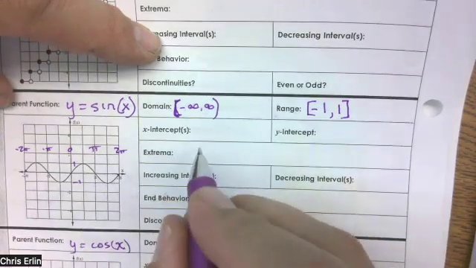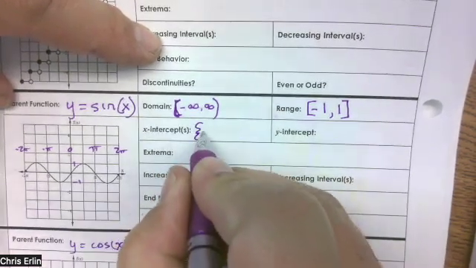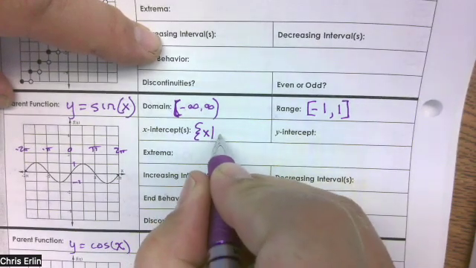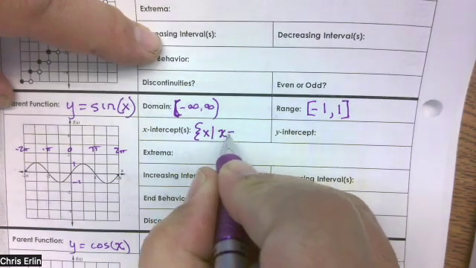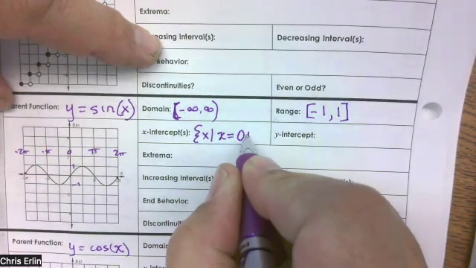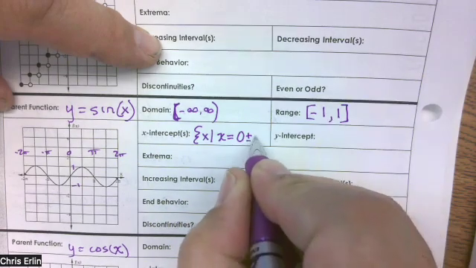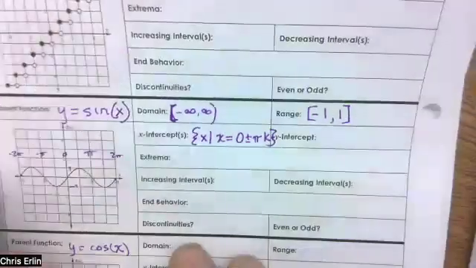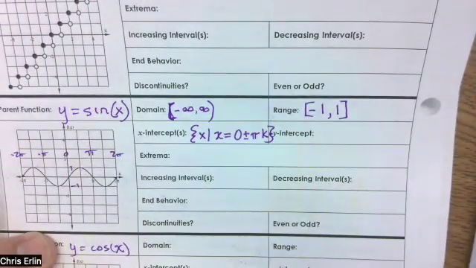So what we're going to say here is we're going to say x such that x equals 0 plus or minus pi k. And k is accepted as an integer.